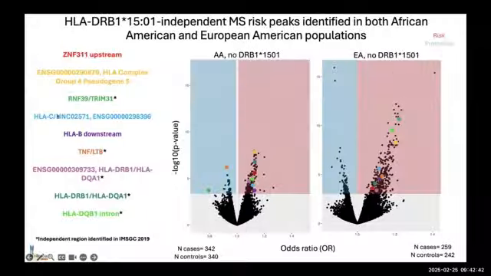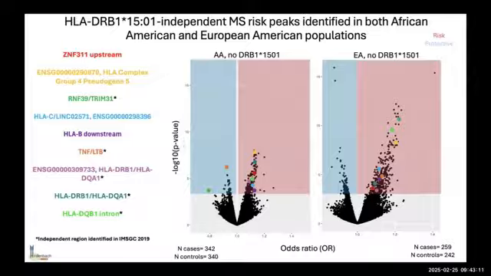Over here, I've listed the genomic region that corresponds to the lead SNPs identified here in the same color. Because we know that African American populations tend to have lower LD than European American populations, by comparing the two and looking for ones that occur in both, we can be even more confident that what we're seeing is actually independent signal.